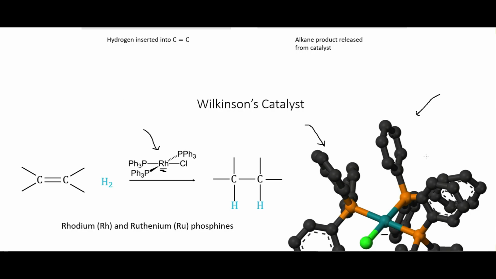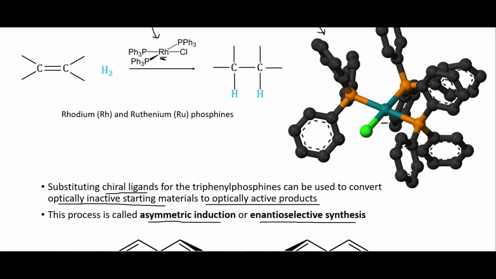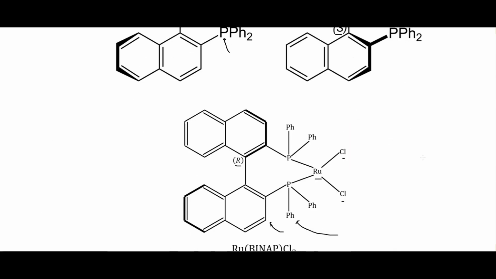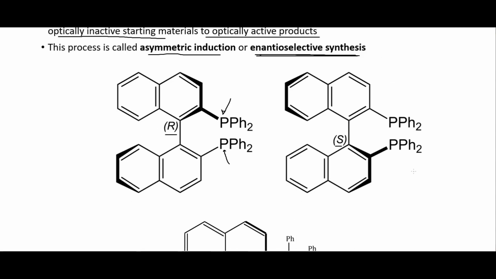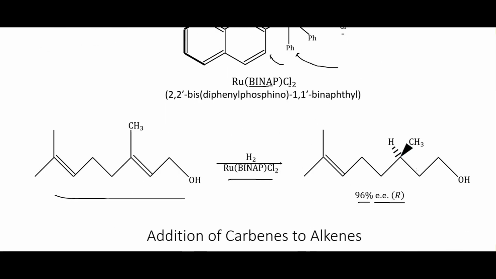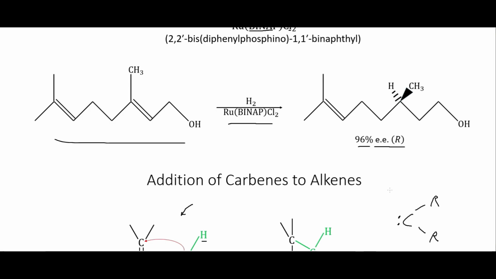But we can also do this with the Wilkinson's catalyst, which was interesting because this allows us to have the enantioselective synthesis here. So using the different enantiomers of our catalyst, we can select for one of the enantiomers in our product.